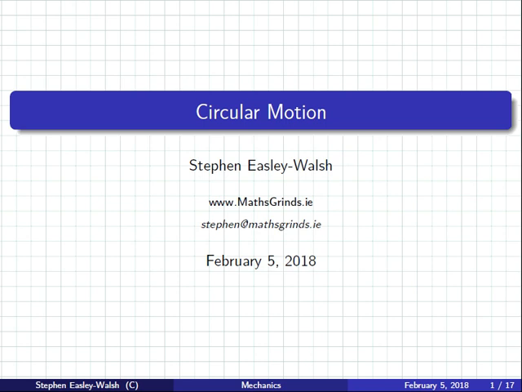Good. Circular motion. So this is motion in a circle.